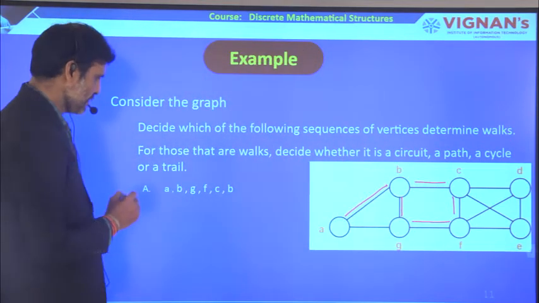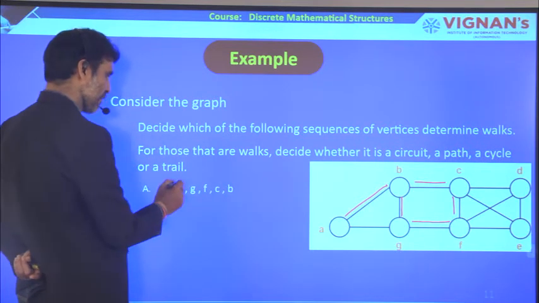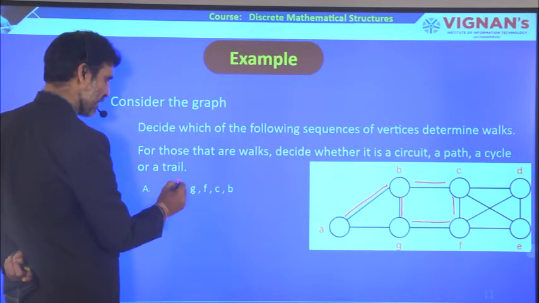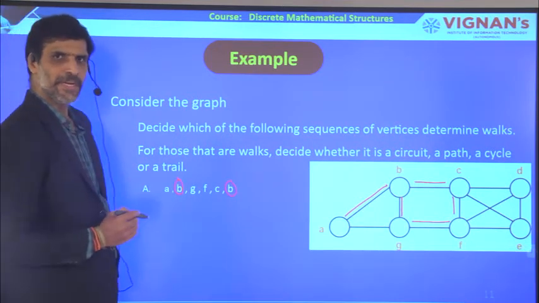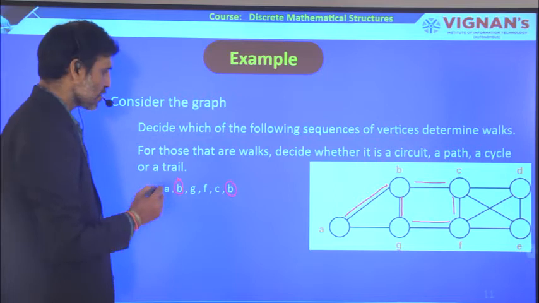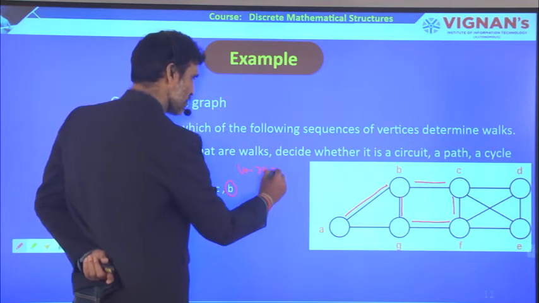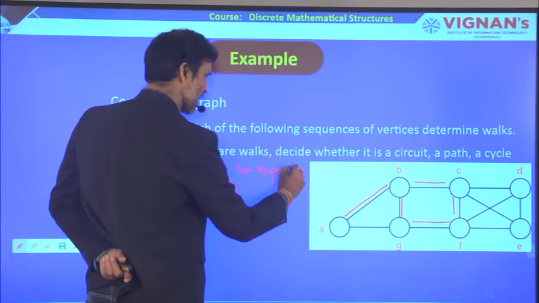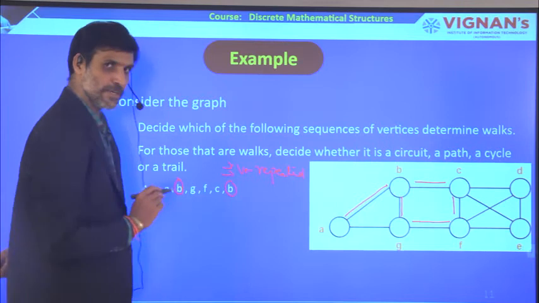So here what happened? Vertices are repeated. Remember that B is repeating. This vertex is repeated twice. So vertices are repeated. The first thing is you need to check whether vertices are repeated or not, and whether edges are repeated or not.